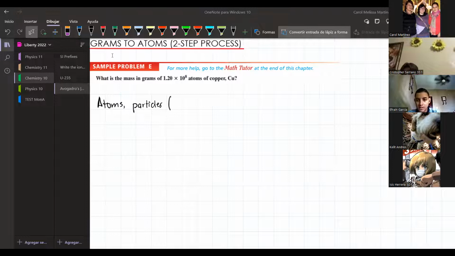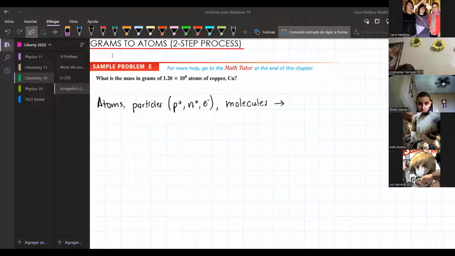The protons, electrons, neutrons. So anytime you see atoms, particles like protons, neutrons, electrons, or molecules, for example, these words are going to tell you that you need to make use of a conversion factor that is known as Avogadro's number.